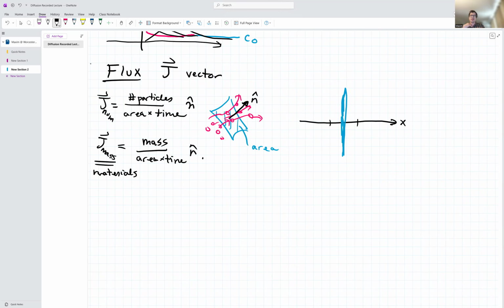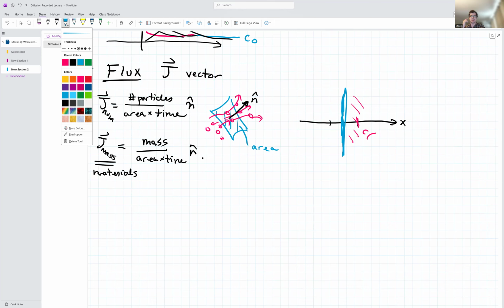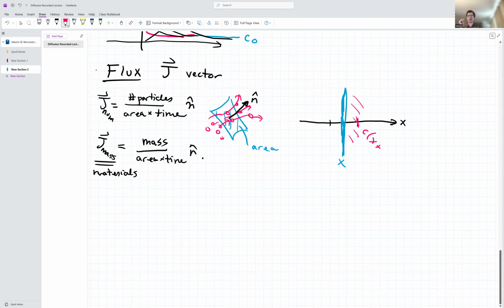So let's say we have some concentration out here. We're going to put the location of this blue area at some fixed position x. And then we know that per unit time step of the random walk, there's going to be some concentration of particles out here.